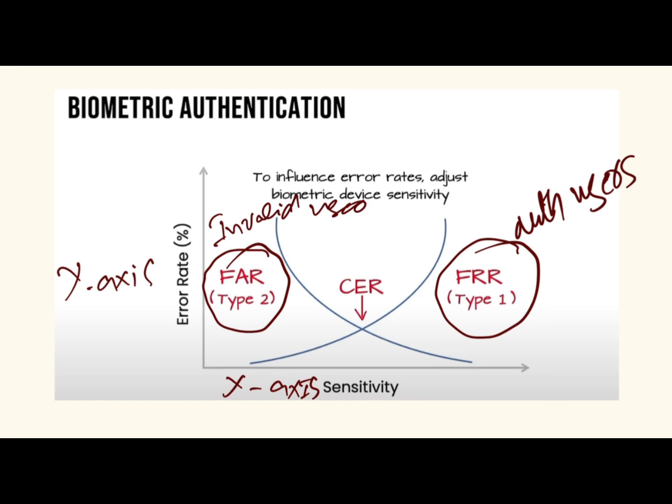So higher sensitivity causes more false rejections. So too strict, more false negatives. That is still better, but it is not desirable. It's not an ideal thing, but it's still better than false acceptance rate.